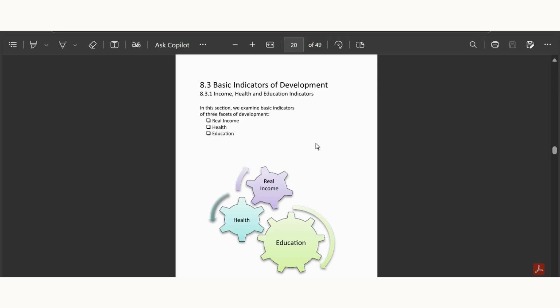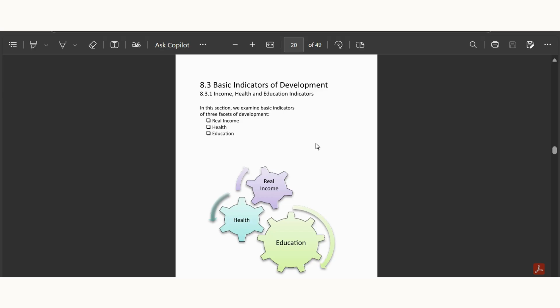These three factors, real income, health, and education, are essential indicators of development as they directly affect people's quality of life. Throughout this presentation, I will discuss these indicators in detail and then introduce an important global measure, the Human Development Index, also known as HDI.